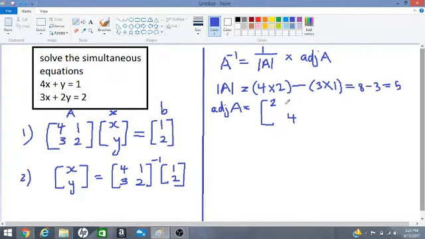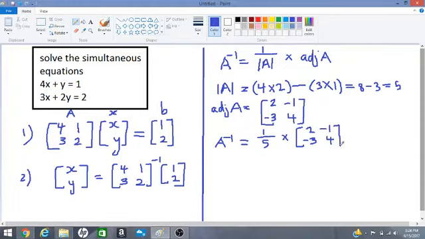So we'll have negative 1, negative 3. And that's our adjoint. So the inverse, the matrix with coefficients, is equal to 1 over the determinant, which is 5, multiplied by adjoint of A, 2, negative 1, negative 3, and 4.